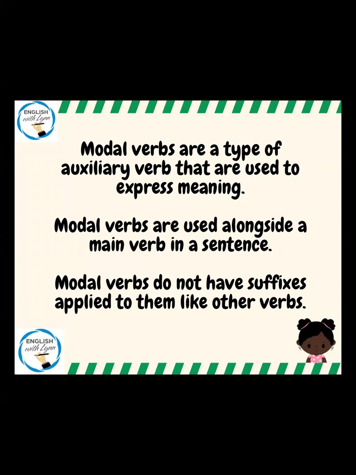Modal verbs are auxiliary verbs that help us express meaning within sentences. And usually they are used alongside a main verb. So generally speaking, they don't make sense on their own.